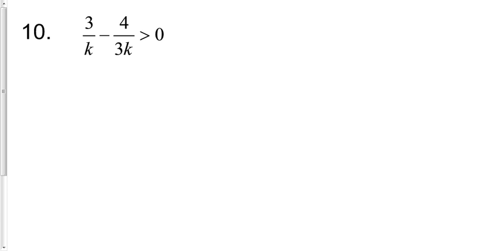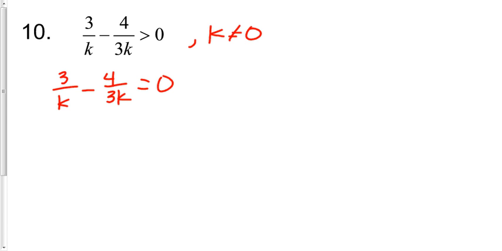This is an inequality, so we have to first say the value of k that is undefined. Well, k cannot equal 0 because I can't have a denominator of 0, so we'll start there. Now let's solve the related equation. 3 over k minus 4 over 3k equals 0. Well, the common denominator here is 3k, so I'm going to multiply everything by 3k.